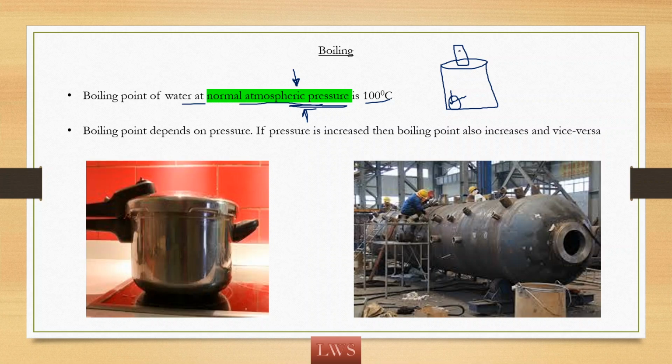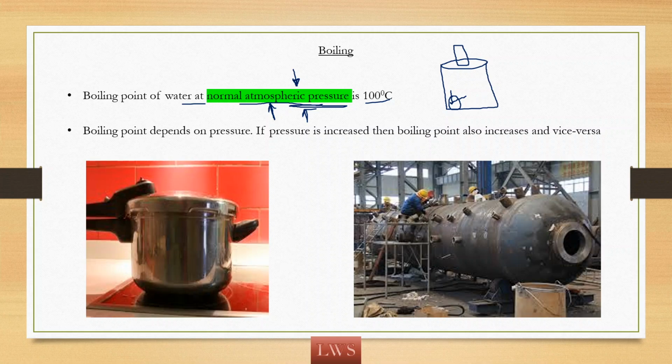So when the pressure outside the bubble is changing, the boiling point will also change. That's why the boiling point depends upon the atmospheric pressure. If the outside pressure is increased, then the boiling point also increases. If outside pressure decreases, then the boiling point also decreases.